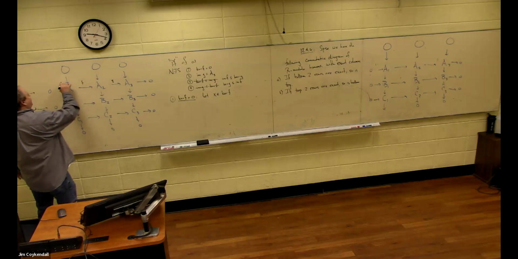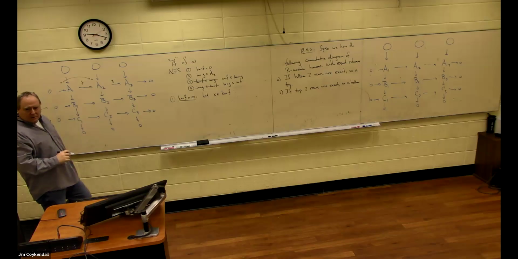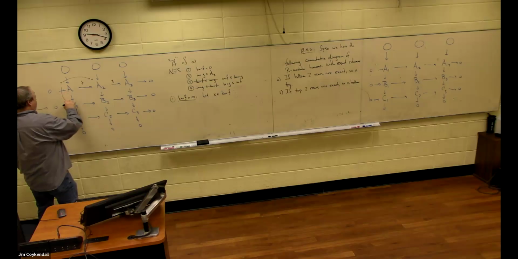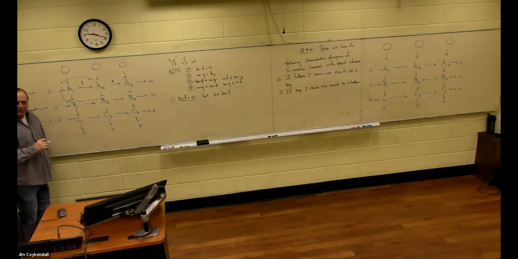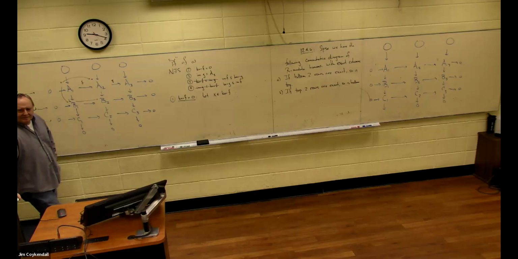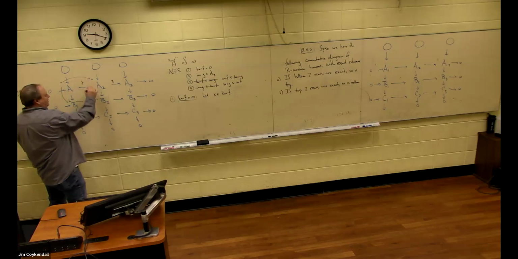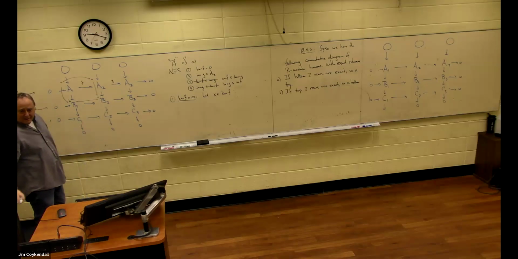That means that X goes to 0 here. Agree? And X goes somewhere here, B1. Where does B1 have to go? It has to go to 0, that's right, because following B1 like this is the same thing as going here, and I know that 0 has to go to 0. Do I agree with it?